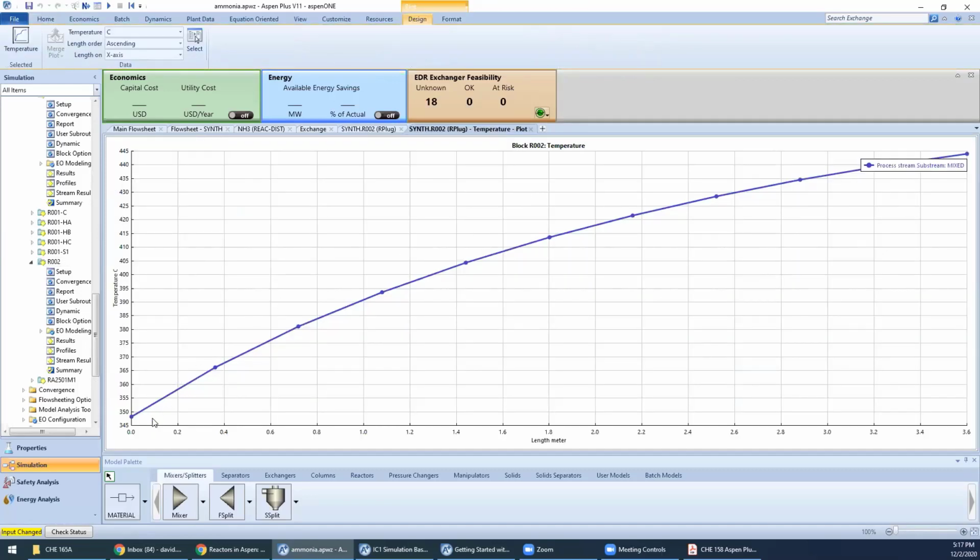You will have thermal limitations on a practical level that will limit how far you can go. If you have 4 reactors, each 3.6 meters long, maybe the wall thickness allows you to go to 500 degrees C, you have a factor of safety, so you don't want to go over 450 or something like that.